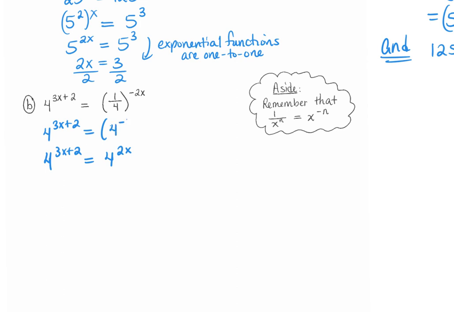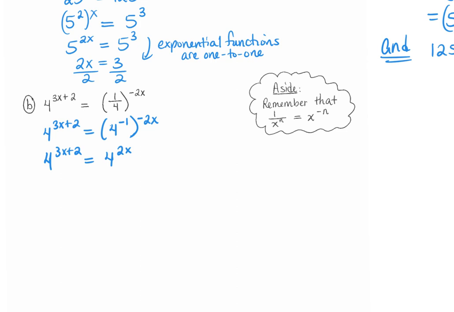Negative first? Yes, 4 to the negative first power. And then the negative 2x, right? But then negative 1 times negative 2x is what? Positive 2x. That's why you can go from that first step to this one. But writing the step in so you can see it is helpful.